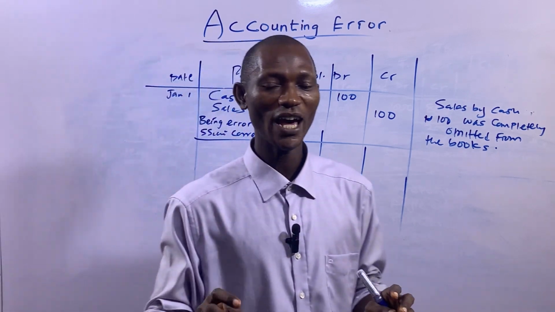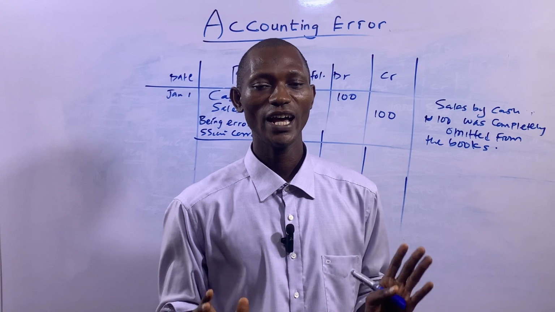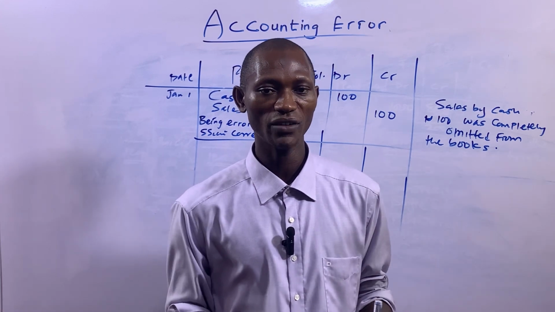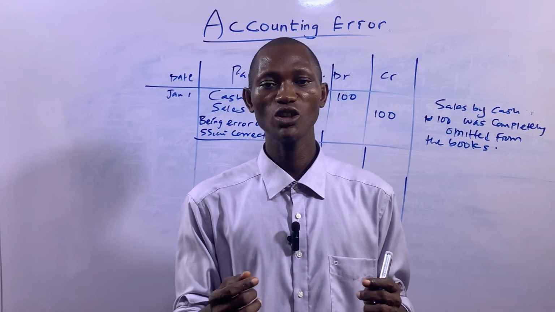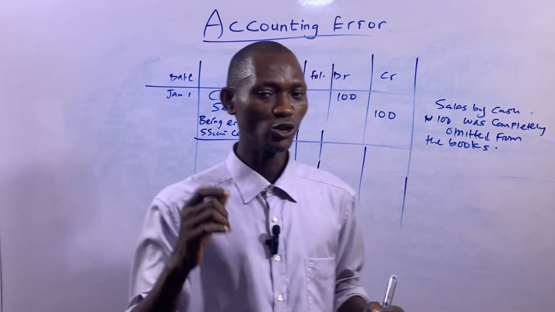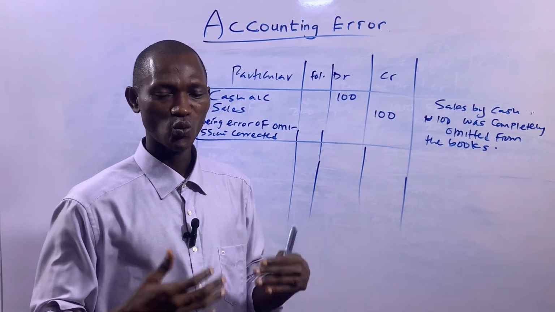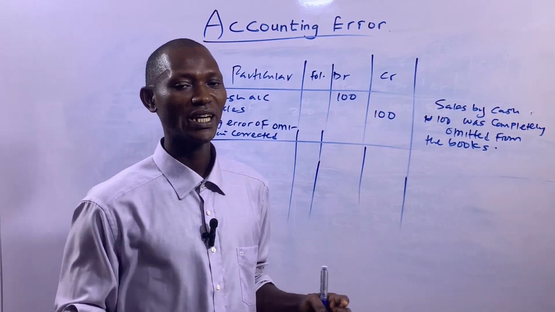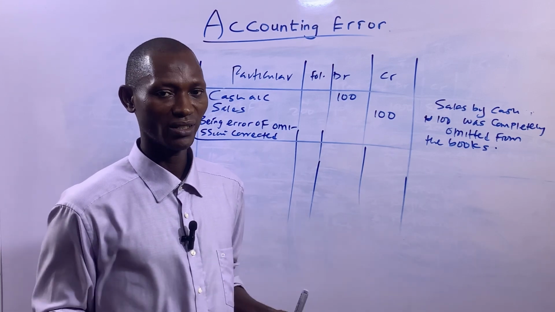And that's why you have to learn all those errors offhand. You have to understand them offhand because each time you are given an error which has occurred, you must be able to know that, oh, this is error of original entry. So for you to understand and learn all those things, you need to go back to watching the videos over and over again, and before you know, you will learn and understand them perfectly.